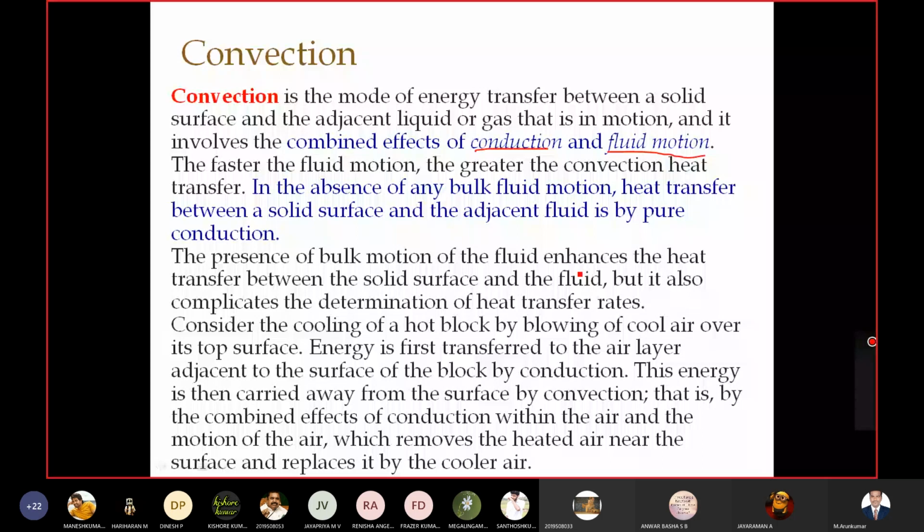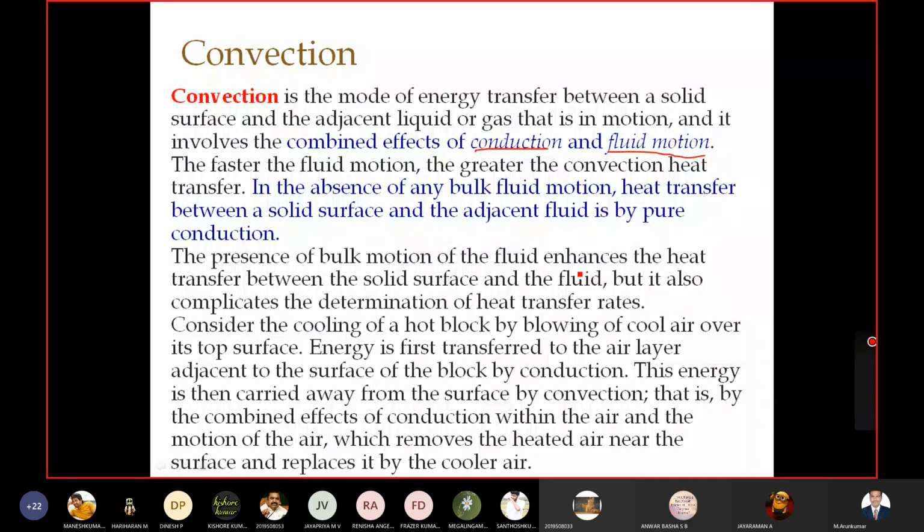Right, so consider the cooling of a hot block by blowing cool air over its top surface. The energy is first transferred to the air layer adjacent to the surface of the block by conduction. So we can take this example.